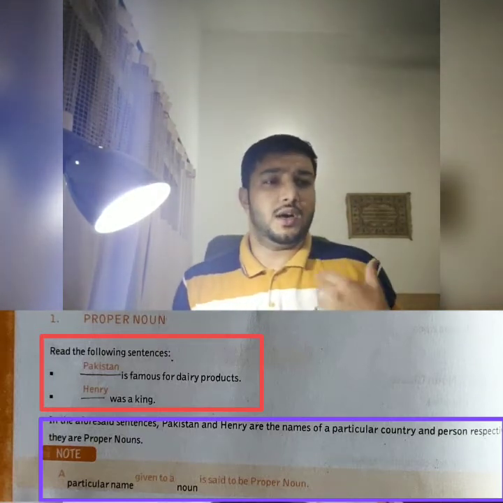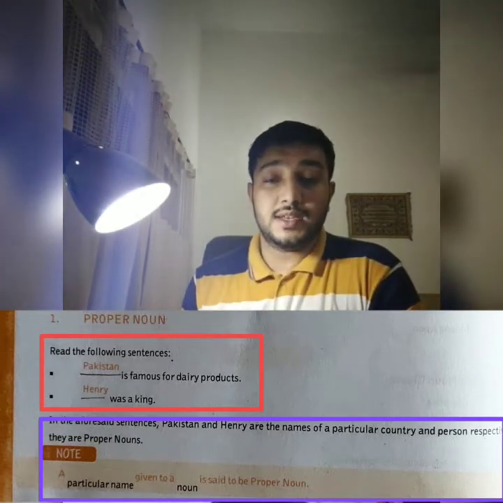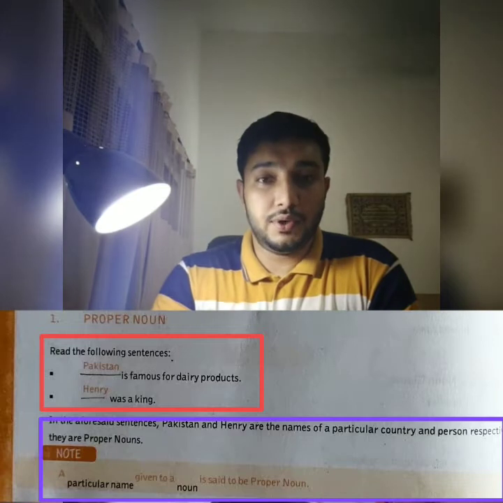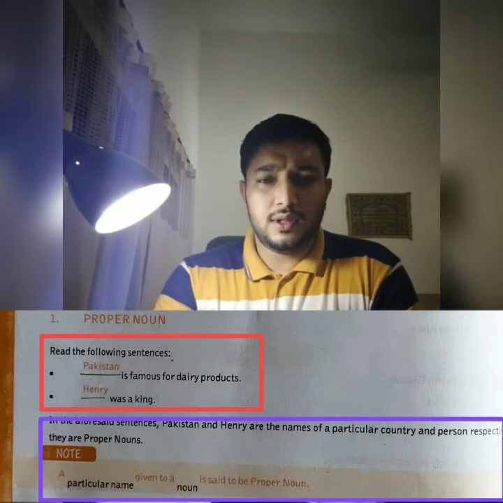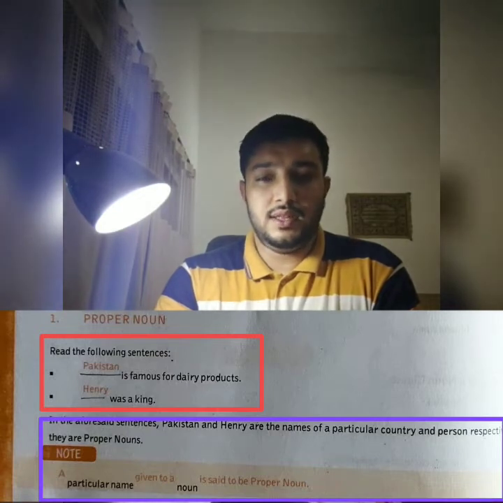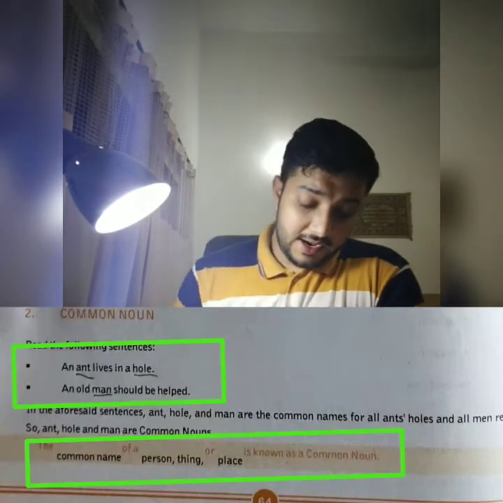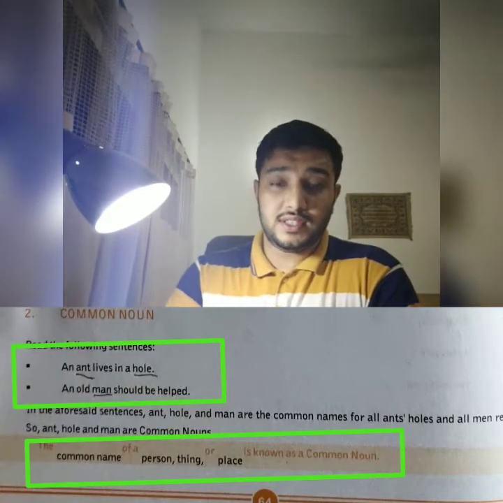England, the president of America, Trump, then all the other famous personalities or places you have known, they are our proper nouns.